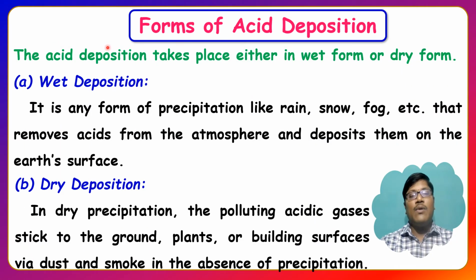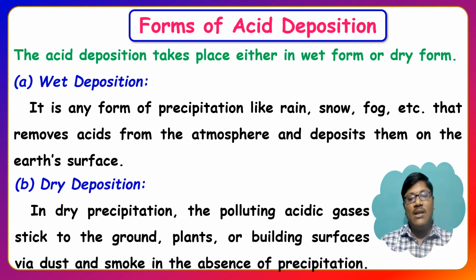Let us discuss different forms of acid rain or acid deposition. Acid deposition takes place in two forms, one wet form, the other dry form. In wet deposition, any form of precipitation like rain, snow, fog, frost removes acidic pollutants from the atmosphere and deposits them on the earth's surface.